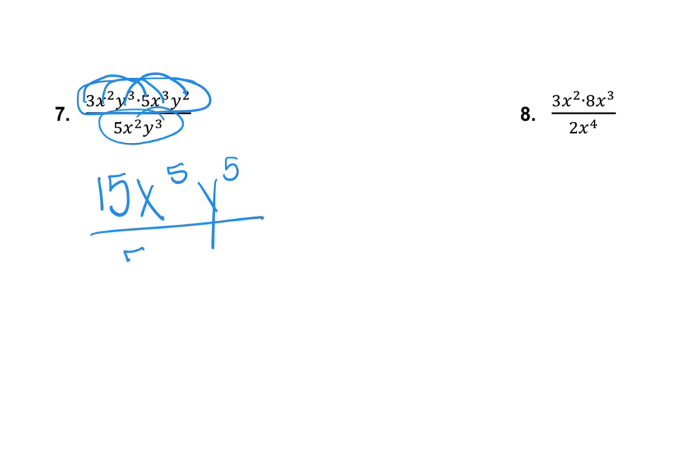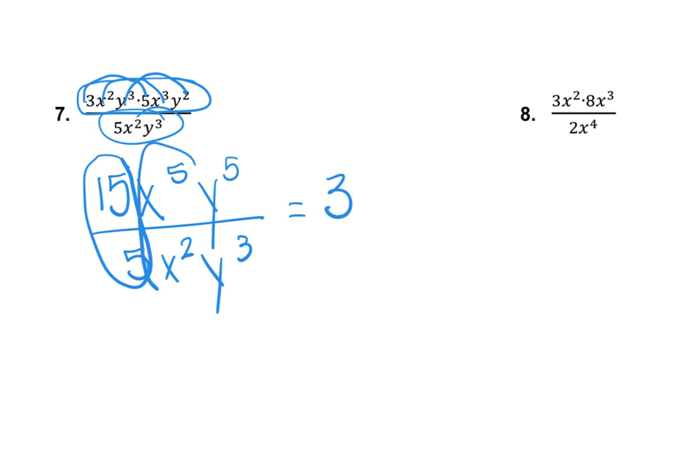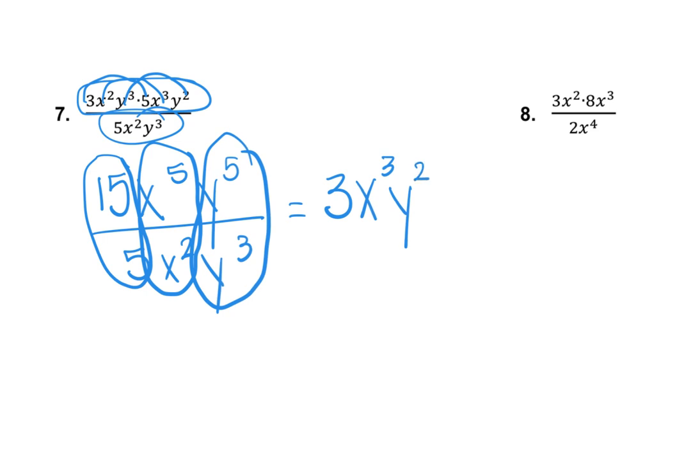Let's just put this on the bottom so that we can divide it. All right, let's divide here. 15 divided by 5 is equal to 3. X to the 5th divided by x squared is x to the 3rd. Y to the 5th divided by y to the 3rd is y squared. And you are all done.